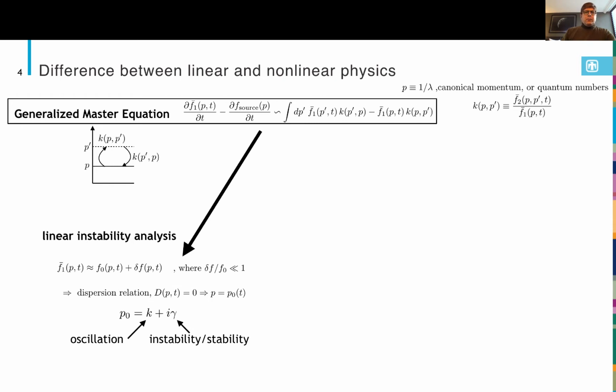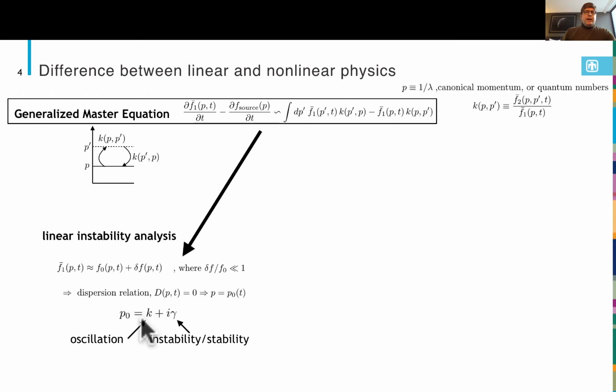Now what do people normally do? Well, within linear instability analysis, they expand the distribution function in terms of small perturbations. Then you get a dispersion relationship, some function that is equal to 0. You can solve that for p.